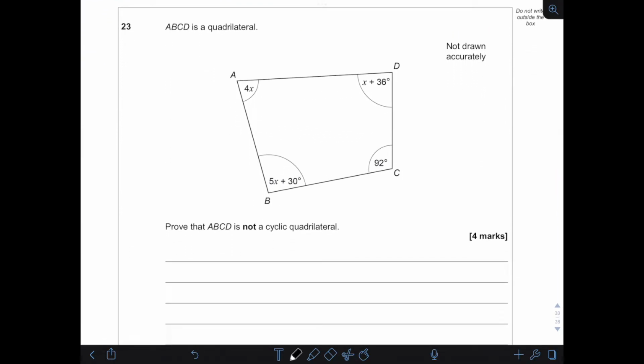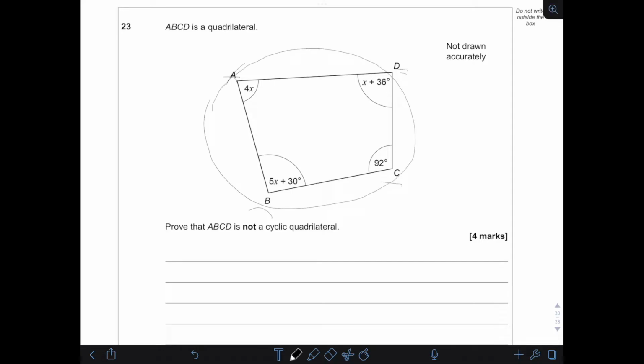ABCD is a quadrilateral, and we need to prove this is not a cyclic quadrilateral. Okay. So a cyclic quadrilateral is one where all 4 points A, B, C, and D are on a circle.